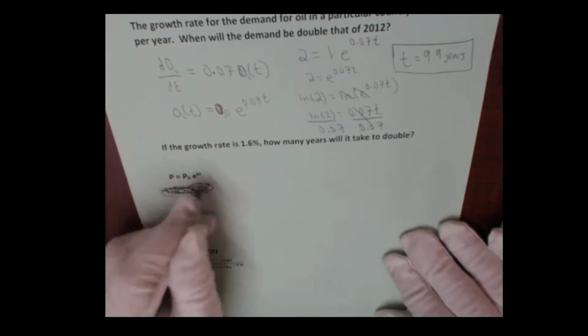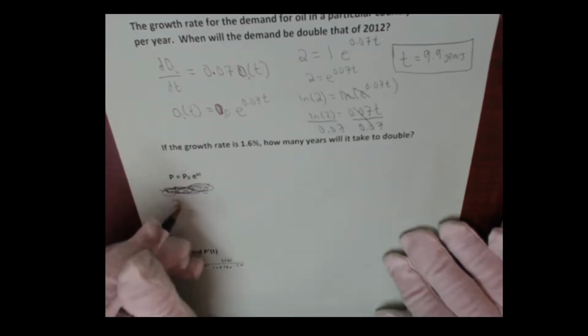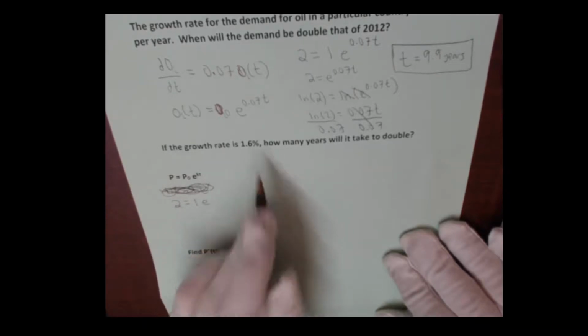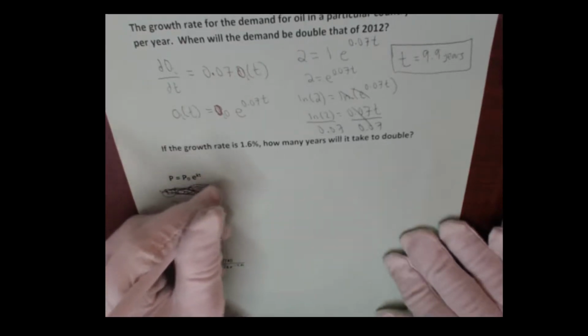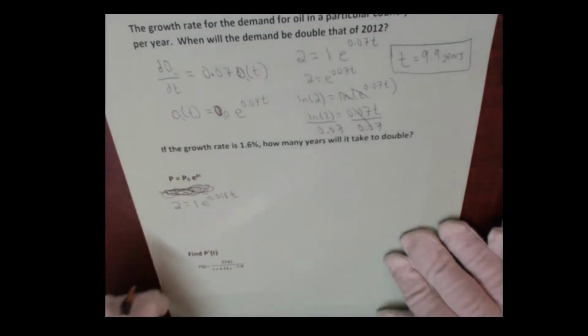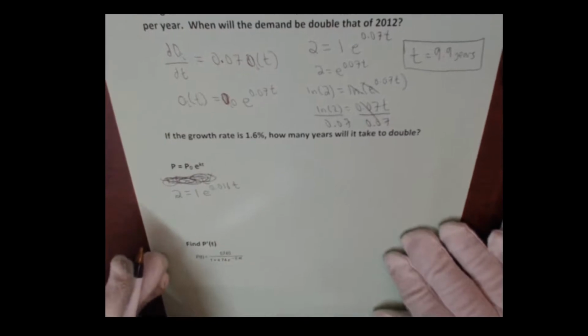If we want to know how long it takes to double, we put 2 here and 1 here, e to the, we have 1.6%, so up here we put 0.016t. So 2 equals 1 times e to the 0.016t.